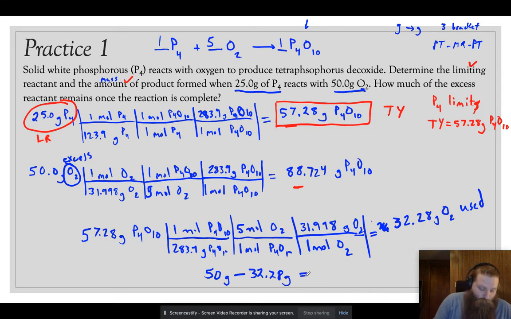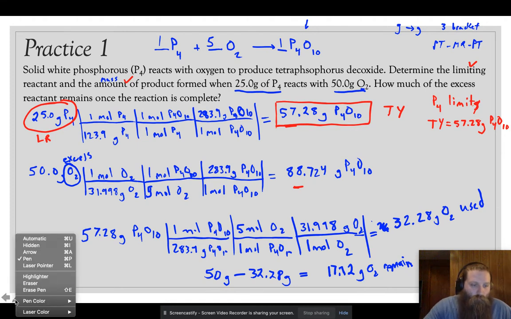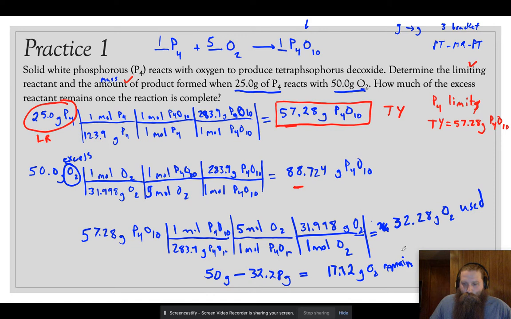And so 50 minus 32.28 is 17.72 grams of O2 remain. A little box. Put that in.